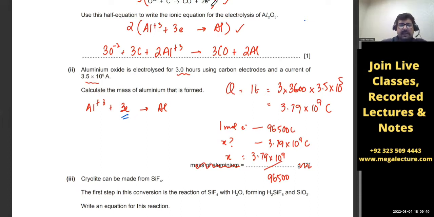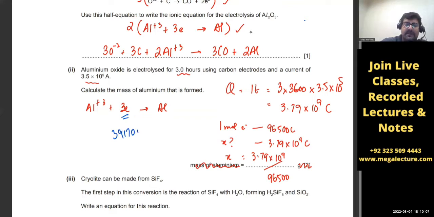So this one is 39170. So 39170 kar lete hain. So you're getting 39170 moles of electrons.